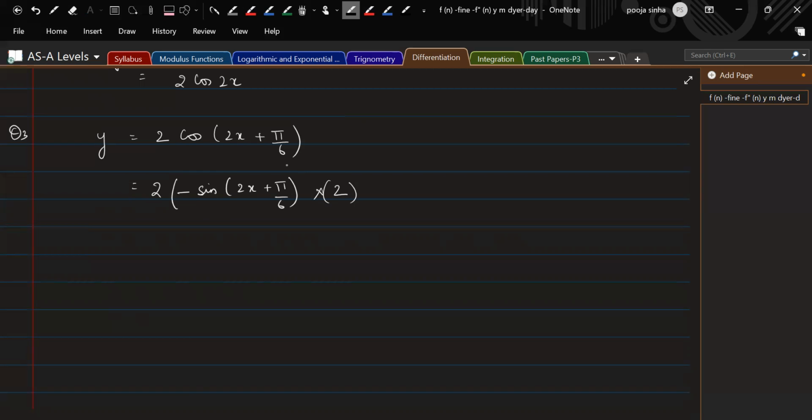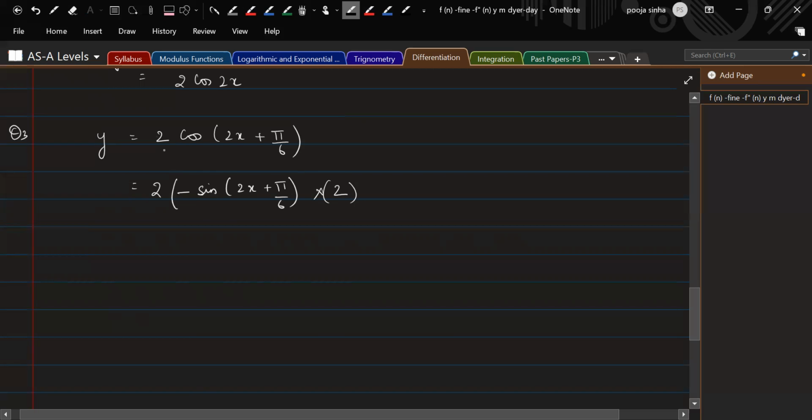And we have to multiply the 2 at the beginning also. That 2 doesn't get differentiated, so it just comes outside. Any constant you separate out, right? So the final answer is minus 4 sin (2x plus pi by 6). Why minus 4? Because there was a minus sign. Got it.